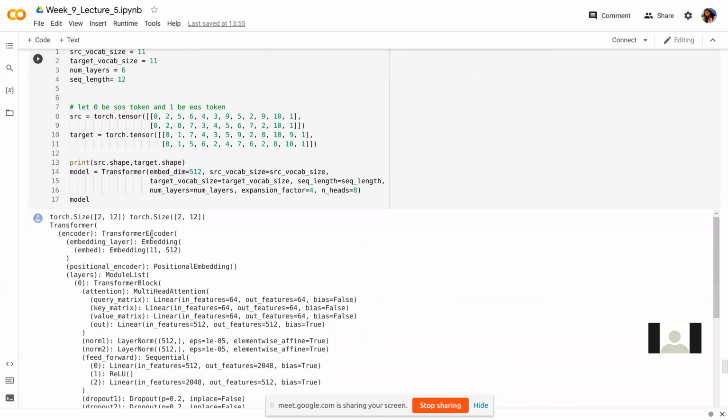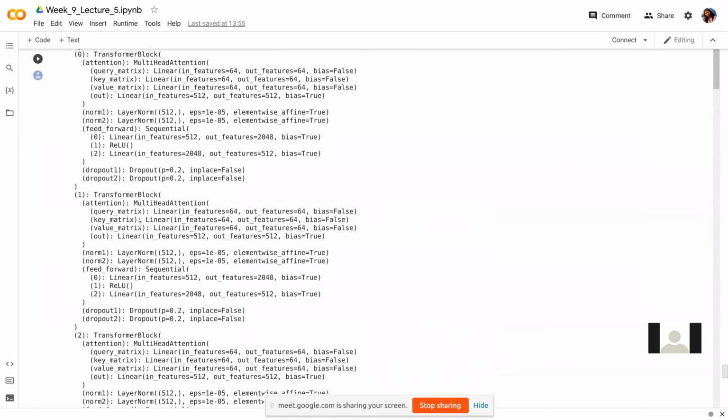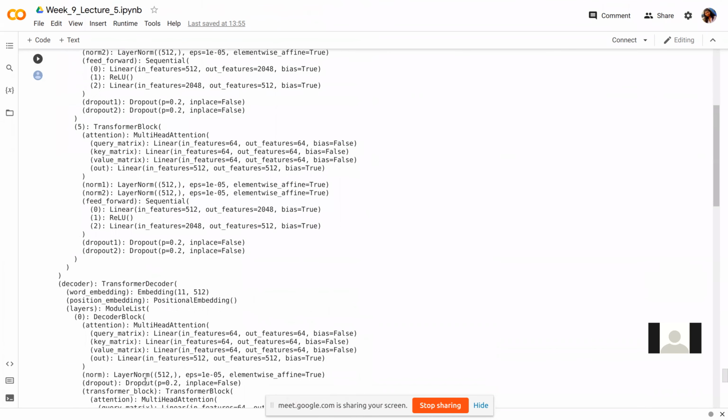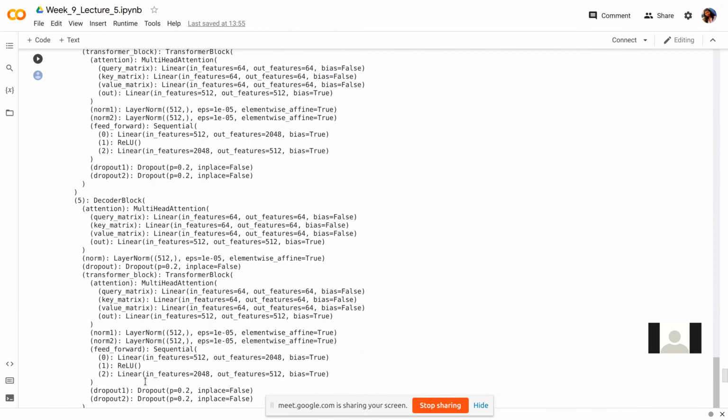So here's the model, testing this code. This is the entire model being printed. You can look at it, the notebook will be shared.